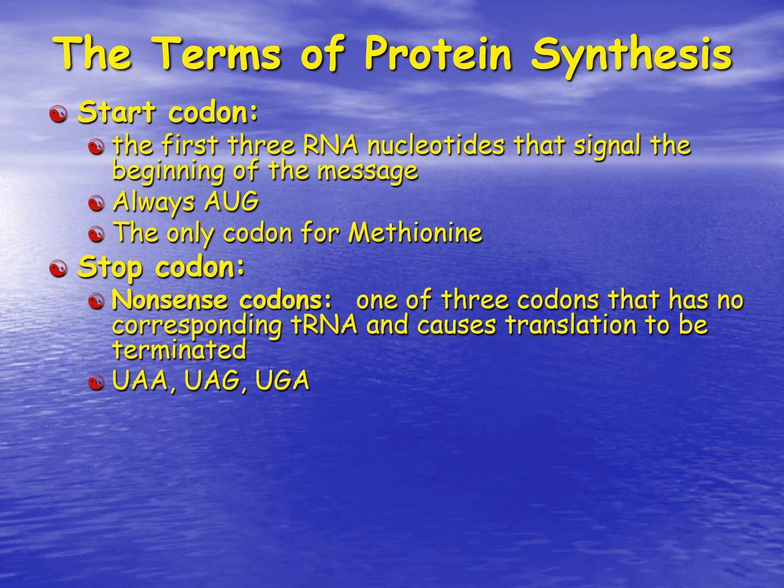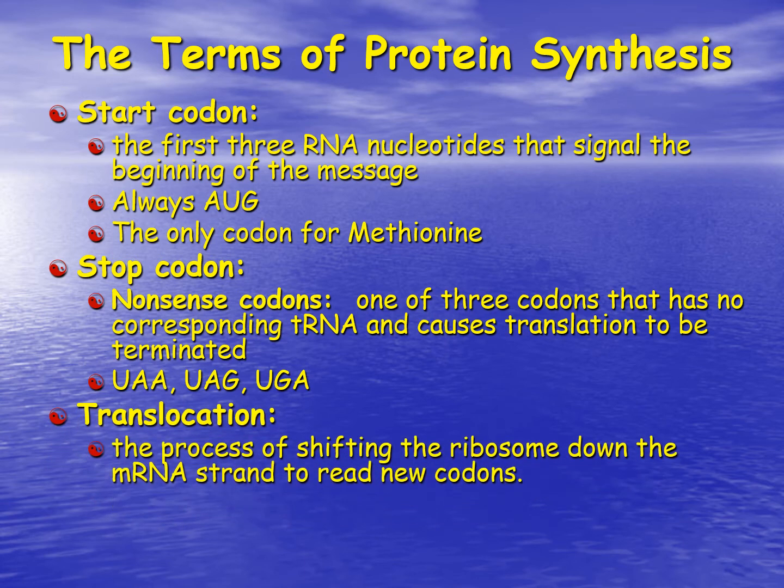And in fact, a small releasing factor will then come in and sit at the A site, and that will cause the ribosomal complex to come apart, the subunits separating, the messenger RNA separating from the ribosome, and the last transfer RNA will separate from the final amino acid that's in the growing polypeptide sequence. Now, translocation is the process of shifting the ribosome down the messenger RNA strand as it reads each subsequent codon.